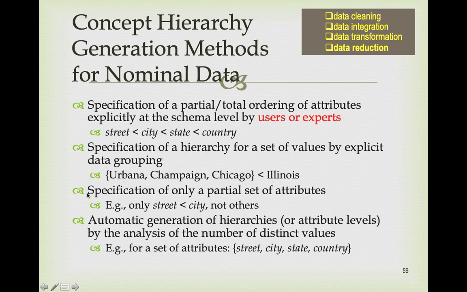We also have specification of only a partial set of attributes, for example, only street and then city, not others. Automatic generation of hierarchies or attribute levels by the analysis of the number of distinct values, for example, for a set of attributes: street, city, state, and also country. This is the concept hierarchy generation method for nominal data.